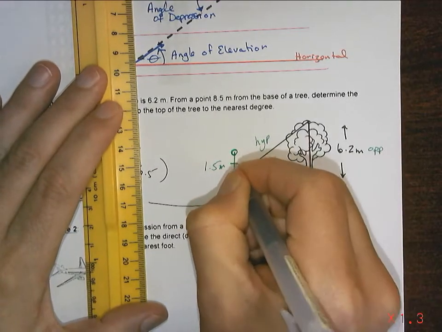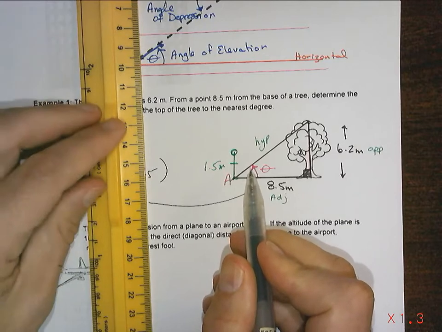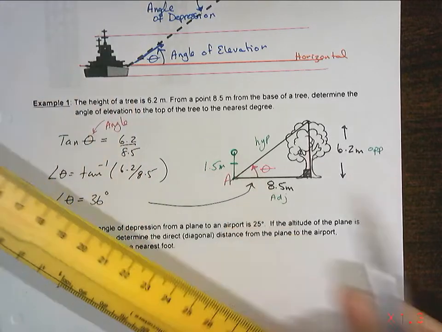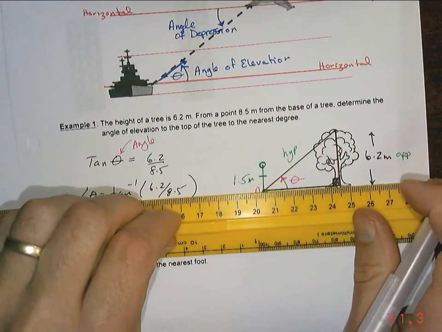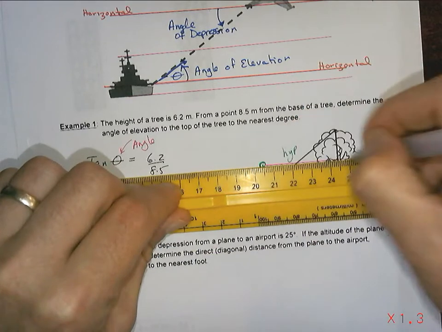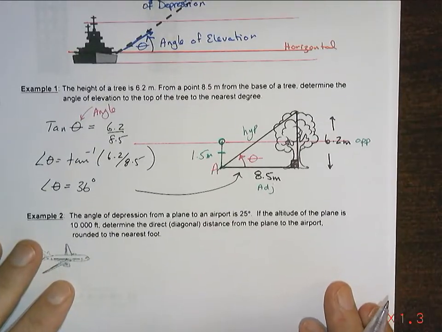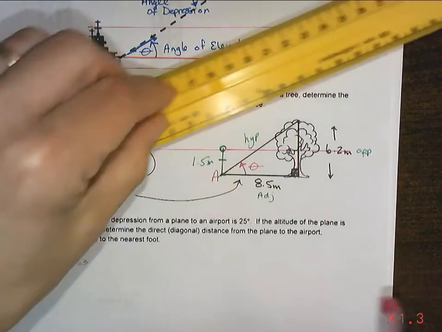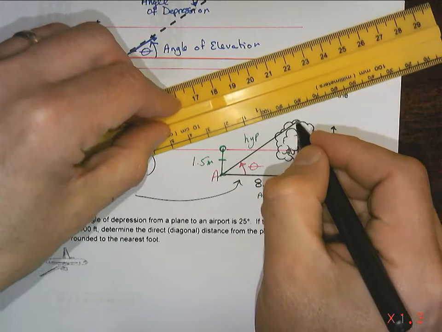I'll give myself some arms and some legs. So I'm not at the very ground looking up at the tree, right? I'm standing tall. Now where's my horizontal? This was the horizontal from the ground. This is the horizontal from my eyes. Do we agree that that's a horizontal as well? And I could draw it there. And using that horizontal, I could look up to the top of the tree.